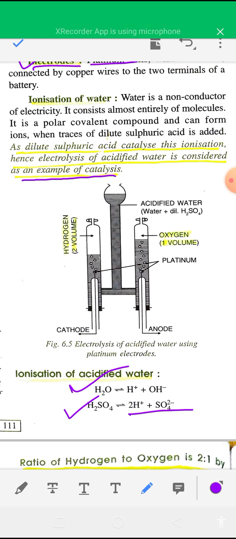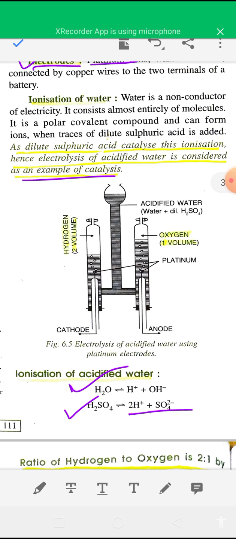So in this case, H2SO4 acts as a catalyst. Because water is a non-conductor of electricity, it consists almost entirely of molecules, and it is a polar covalent compound and can form ions when traces of dilute sulfuric acid are added. So in the presence of dilute sulfuric acid, the electrolysis of acidified water becomes faster.